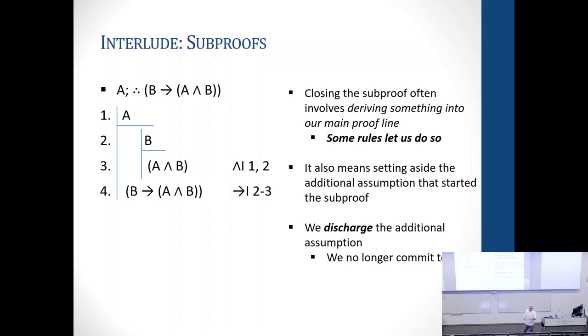Similarly, we don't need a rule to give us the additional assumption we're opening the subproof with. But by the end, we have to decommit from that additional assumption. That's what it is when we close the subproof and go back to the main proof. So we don't need a rule there because we're just taking it for a second as given. It's a good question.